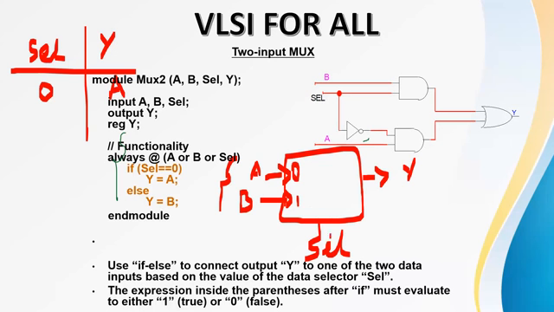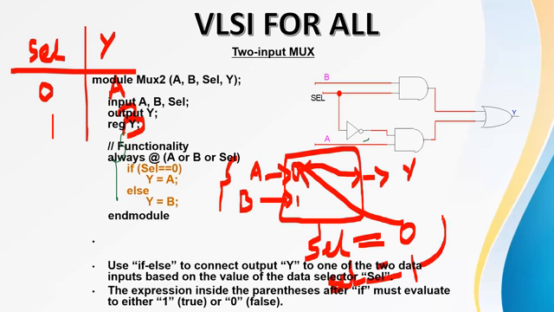As I said, when the select line gets 0 as input, you select 0, and in 0 we have A as the input. Then I'm directing this A to Y. So for 0, I'll get A, and for 1, I'll get B, because when the select line is 1, I have to map this to B, because B indicates 1. Then it redirects to Y.